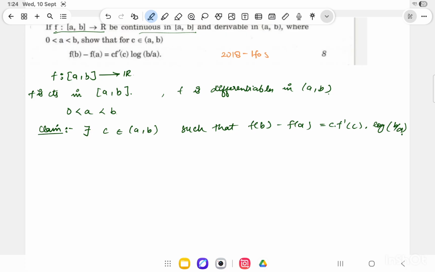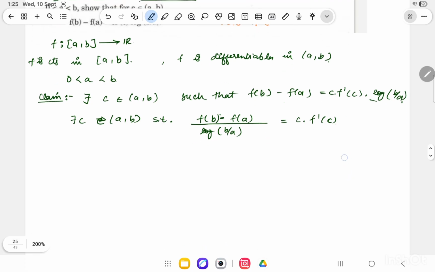So first let's observe what we are supposed to prove in this question and then we'll move forward. We are supposed to show that there exists c in the open interval a comma b such that f of b minus f of a divided by, I can take this log b by a on the left hand side, so I'll be getting log b by a equals c into f dash c.